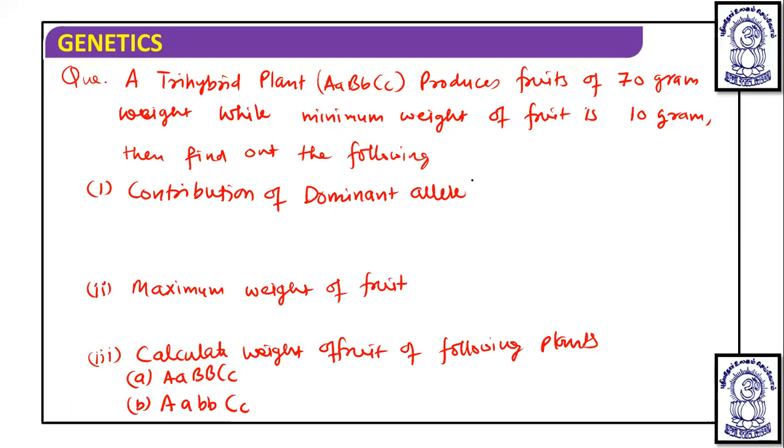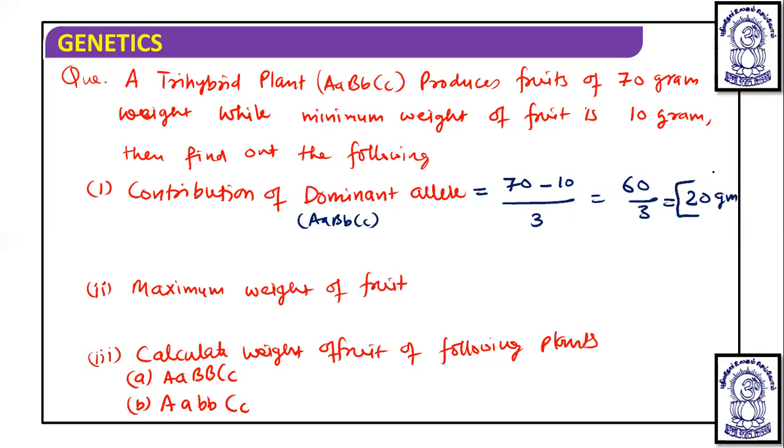So for the trihybrid genotype, when 3 are dominant, the maximum expression is 70, minimum expression is 10, and total dominant alleles are how many? 3. So 1, 2, 3. It is going to be 60 by 3. So 20 gram is the contribution of each dominant allele.